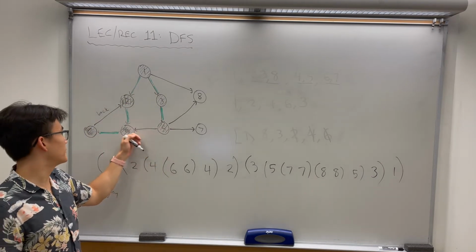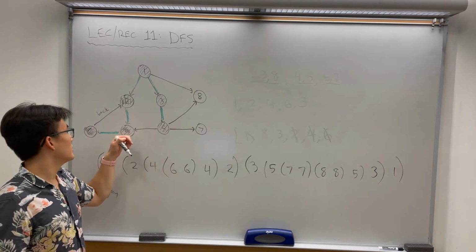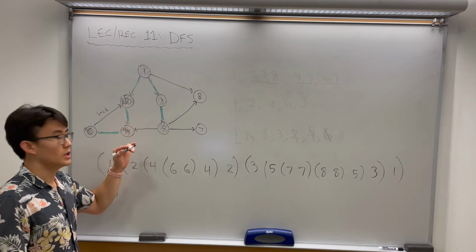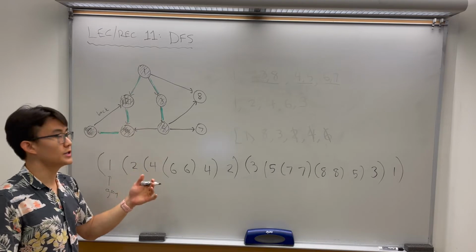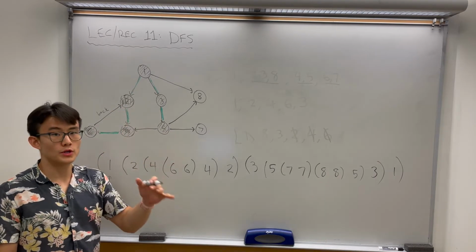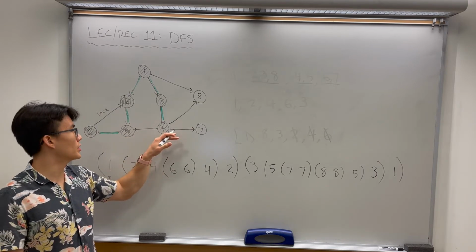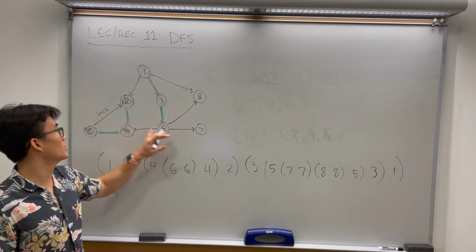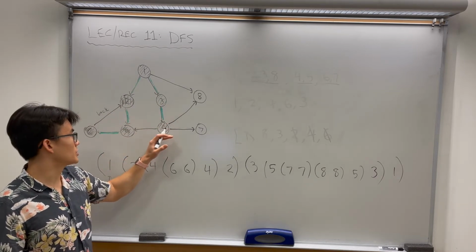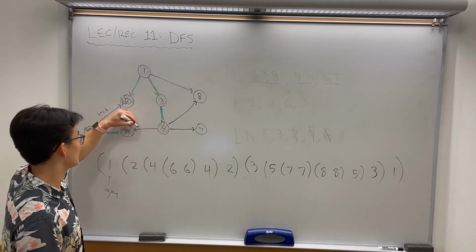Now 5 goes to 4, and 4 is already finished. So it's not a white node, so it's not a tree edge, but it's also not a gray node, so it's not a back edge. But 4 is a node that started before 5. So it was already done over here. And it's not a descendant of 5, which means we call this a cross edge.